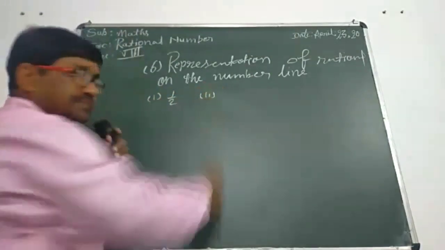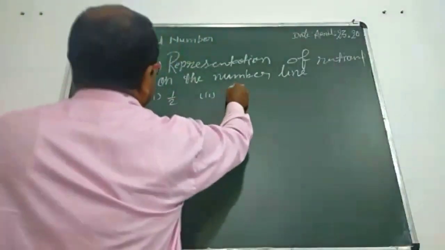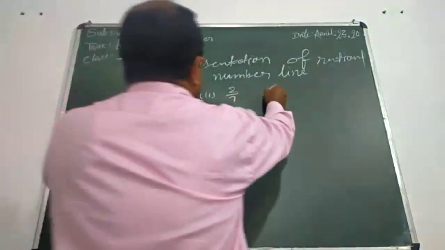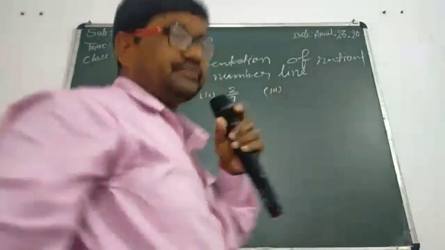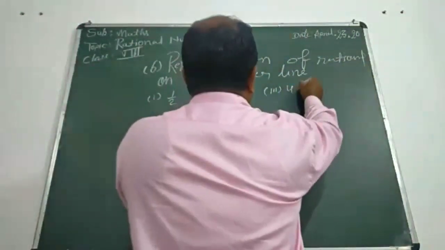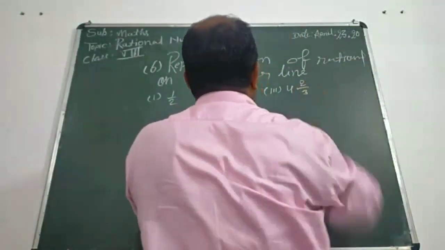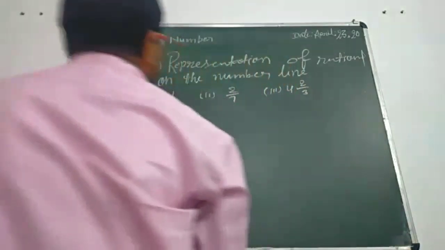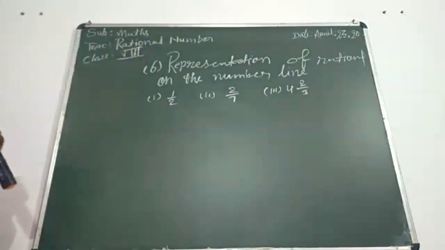Second, 2 upon 7. Third, 4 whole number 2 upon 3.